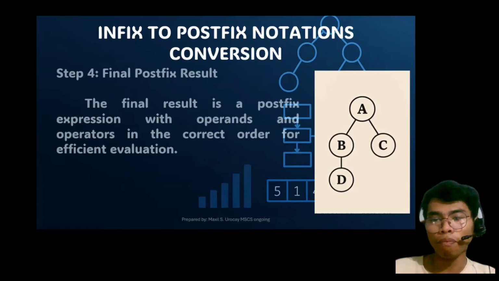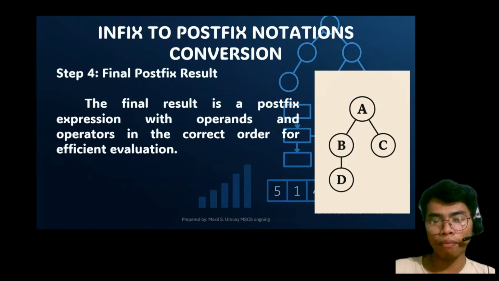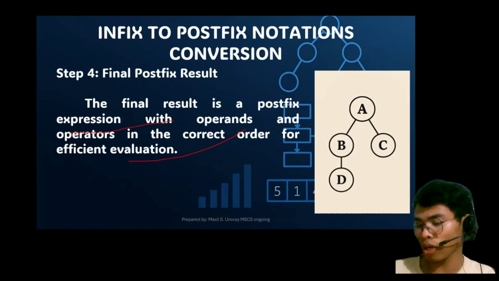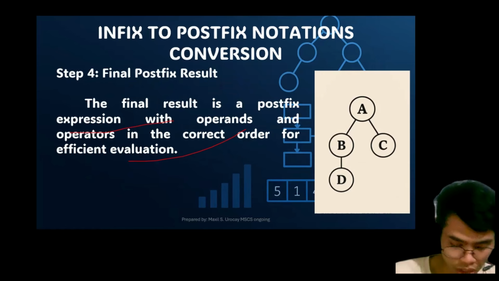Then the final result is a postfix expression with operands and operators in the correct order for evaluation. Don't worry about that, class, because I'll work on a separate video for the operations only, for converting those notations, so that you will really understand how to work on that step by step.